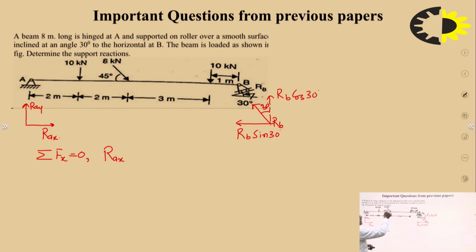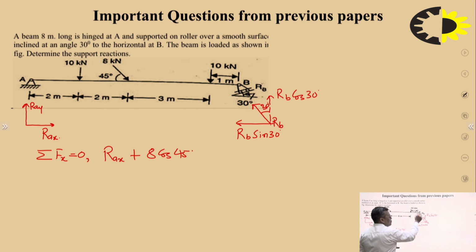The 8 kilonewton force is inclined at 45 degrees, so it also has two components. The one component will be 8 cos 45. Then again the 10 kilonewton is in the y direction, so no need to write it in the x direction.